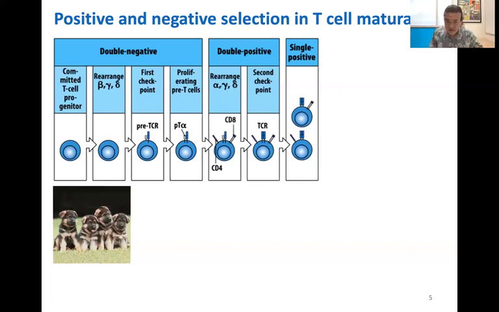And what do I mean by features? I mean, it all has to do with how these T cell receptors are going to work to interact successfully with things presented to them by MHCs.